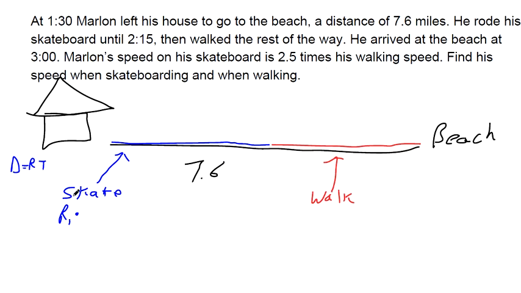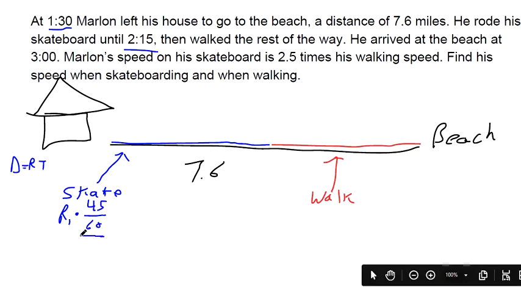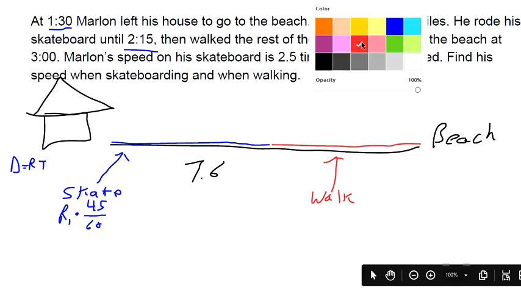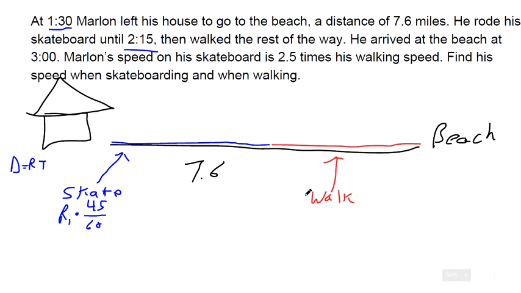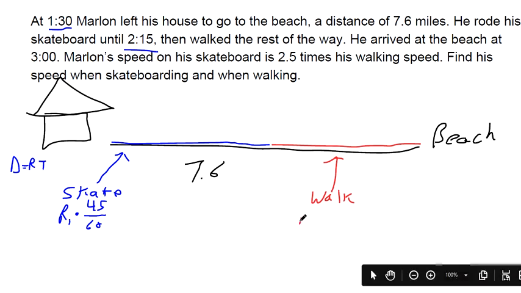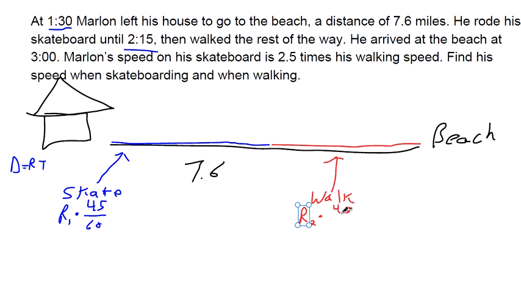For time here, skateboarding is from 1:30 to 2:15, right? So that's 45 out of 60 minutes, in terms of hours here. That's how much skateboarding was done. And then how much walking was done, that's a different rate, R sub 2, times a different amount of time. From 2:15 to 3 o'clock, that's another 45 minutes.